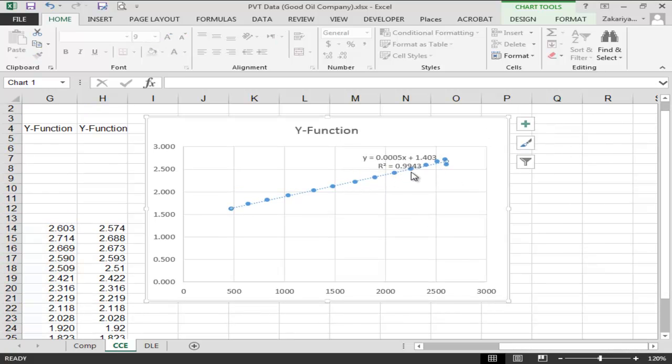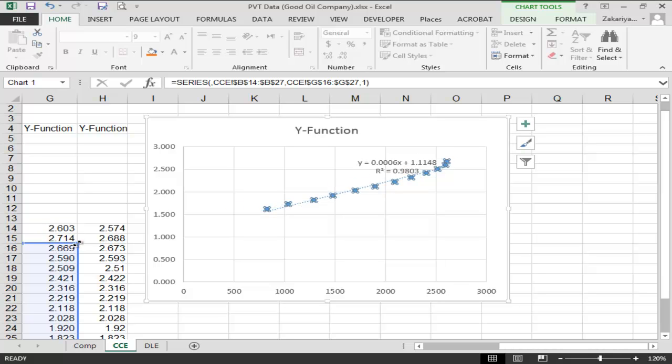I did this for all points. I take just all points. It's okay to do the straight line for all points.